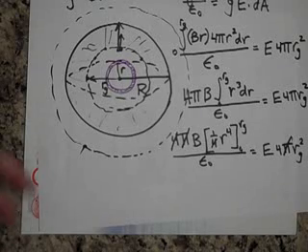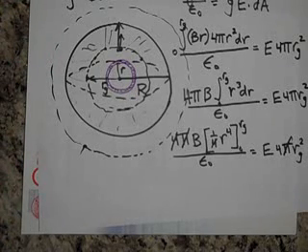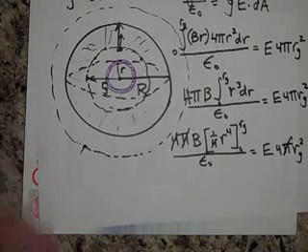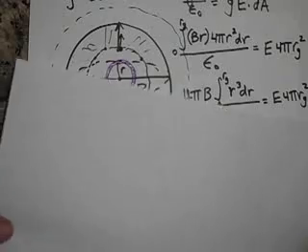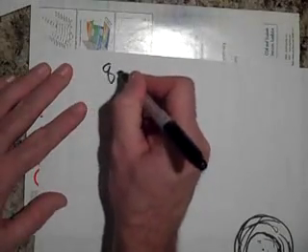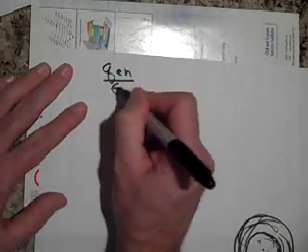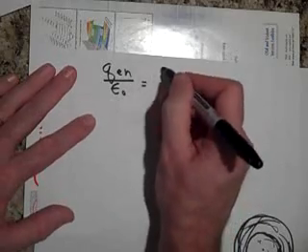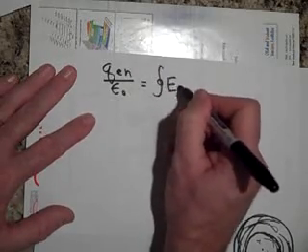So that's how you do a Gauss's law problem. You find the electric flux both ways, and so let's do that. And so that's going to be Q enclosed over epsilon naught is equal to the integral of E dot dA.